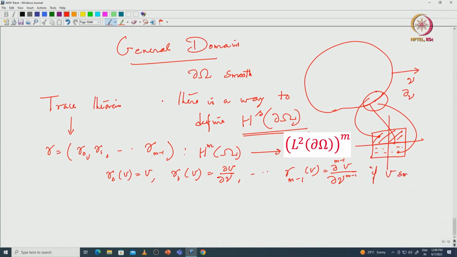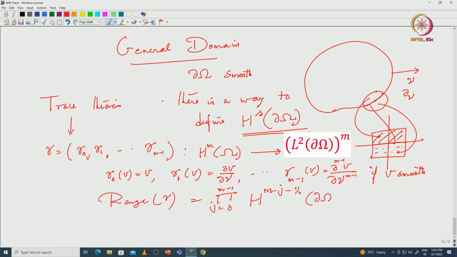So you can do such things. The range of gamma is the product over j equal to 0 to m minus 1 of H to the power m minus j minus 1/2. All this will be useful in the study of PDEs.